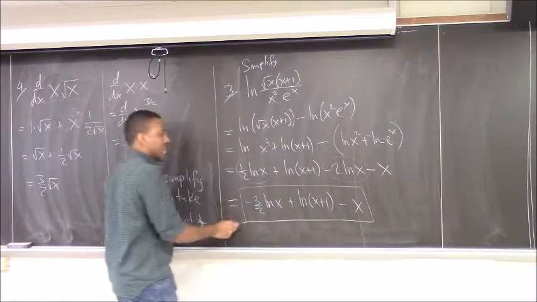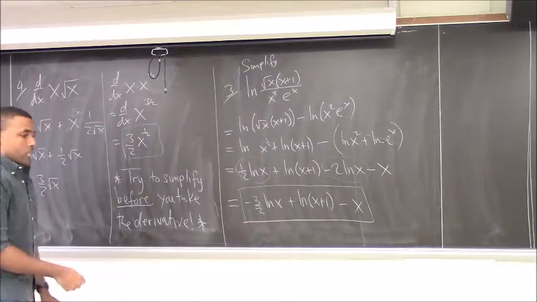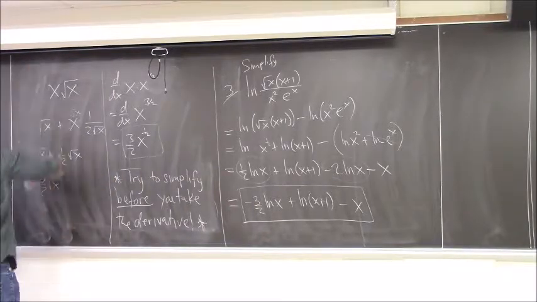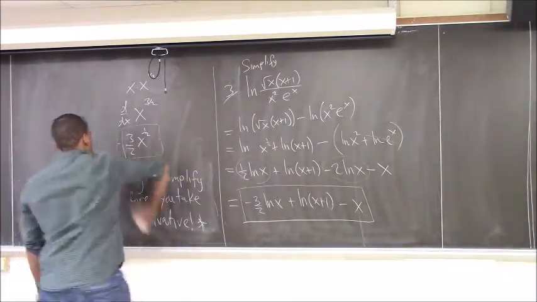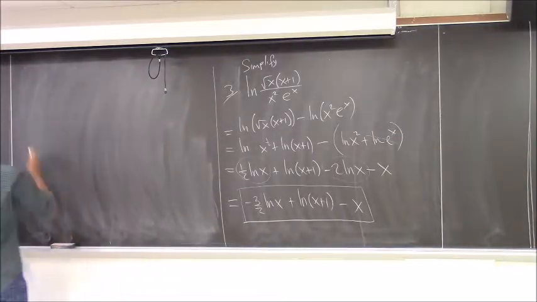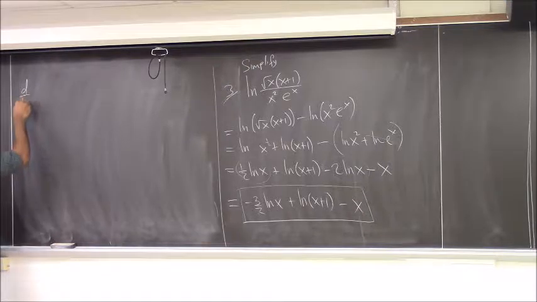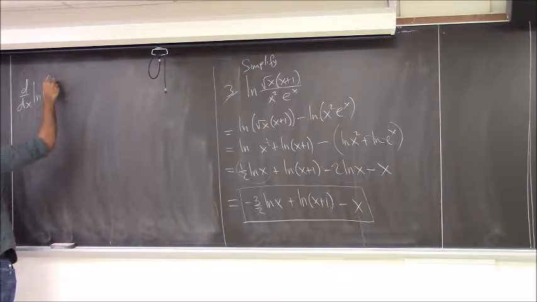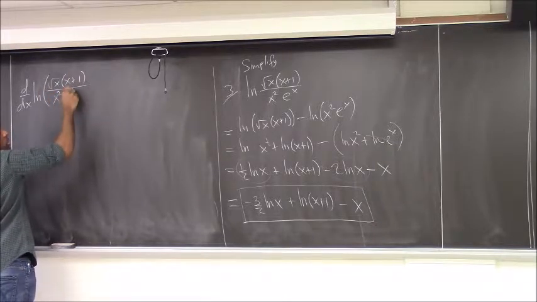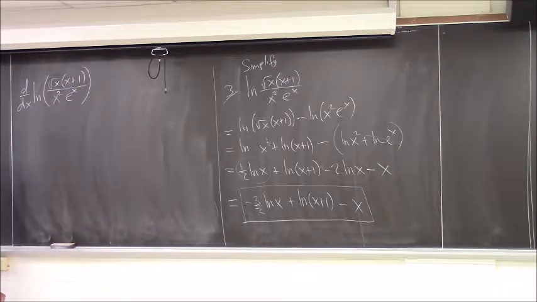Now having done that, the answer to 4 part A would be a lot easier. You went through all the work to simplify that. So now if I come and I'm like, okay, differentiate this guy. Now we know the rule for differentiating ln of something. It's the derivative of the thing divided by the thing itself.